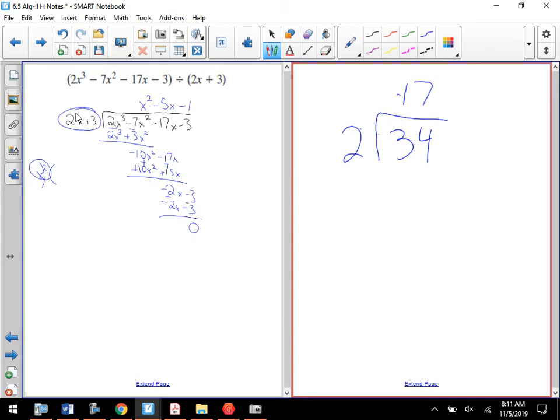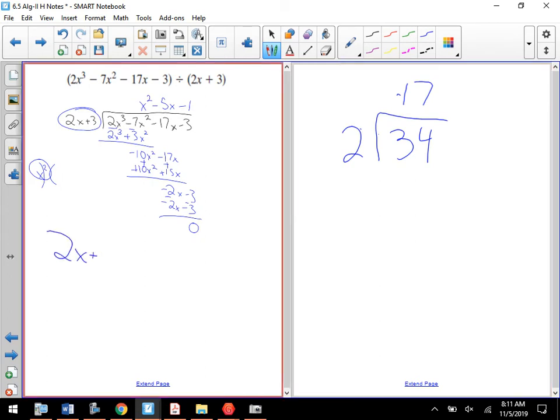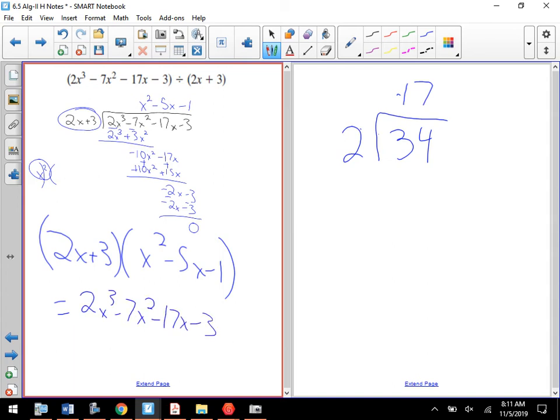So what happens here is that I know that 2x plus 3 times x squared minus 5x minus 1 will give me 2x cubed minus 7x squared minus 17x minus 3. And the reason why that worked, because what was my remainder? 0. Which meant that the 2x plus 3 is in fact what we would call a factor of it.